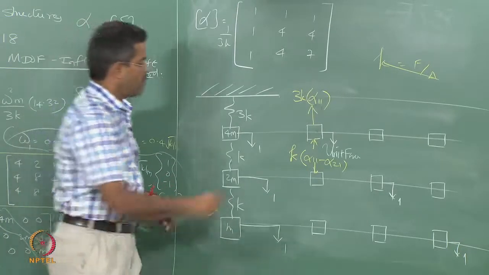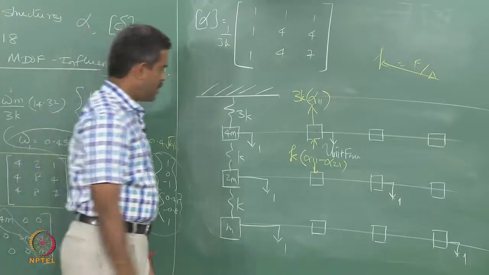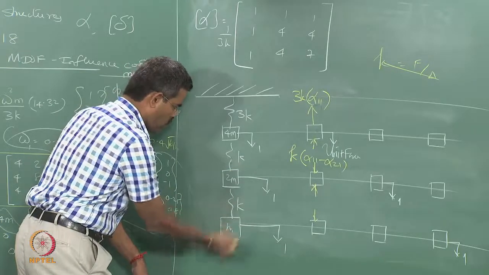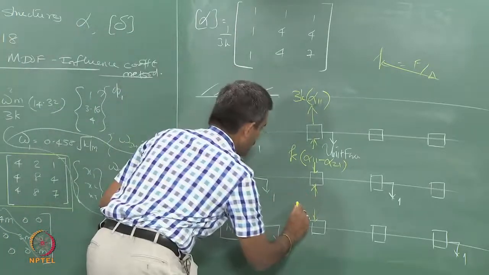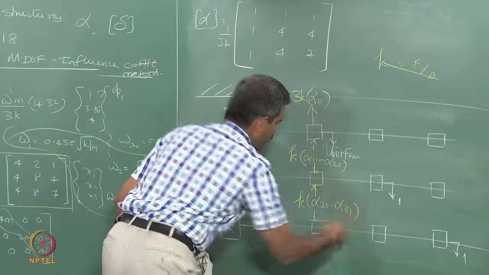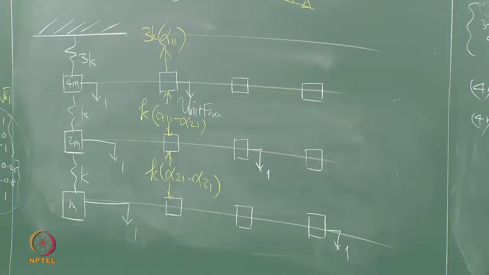Similarly, because the spring pulls, this mass will go down and this spring will push up, so this is going to be k times alpha 2 1 minus alpha 3 1.